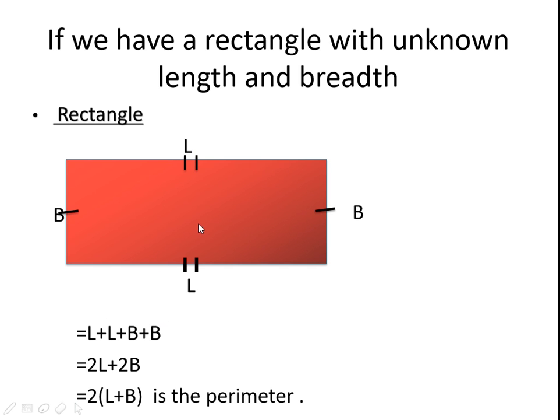We cannot add them as they are of different measure. 2L and 2B will be written separately. They are not similar, they are different. Or it can also be written as 2 times (L plus B). You can add the length and breadth one time first and then you can double it up. That is the perimeter.